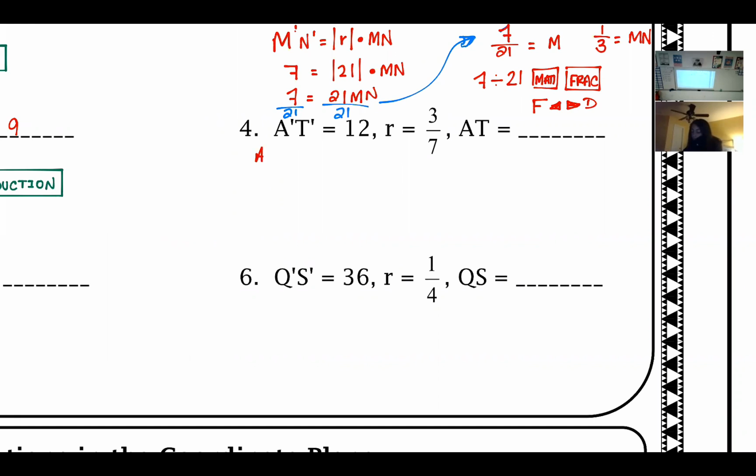So remember, A prime equals the absolute value of R multiplied by the preimage. Plug in what we know. What do we know? A prime is 12.